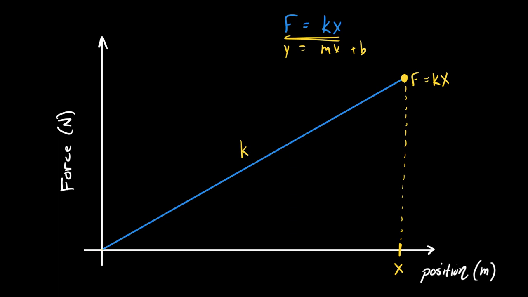So if I move the object a distance x, then at that point the force has to be kx. If I move the object a distance, say, x2, then what would the force be here? kx2, that's right, kx2. If I only moved it a distance, say, x1, what would this force have to be?